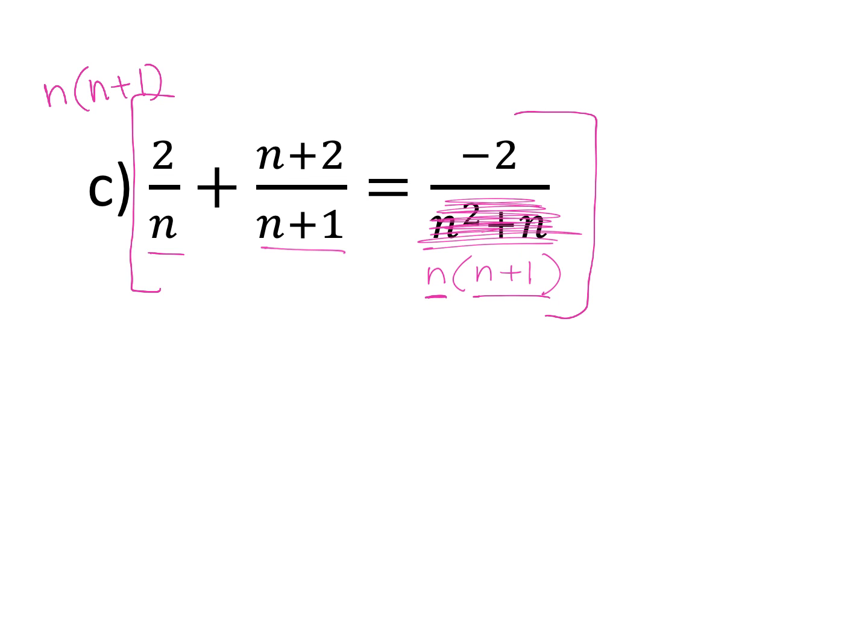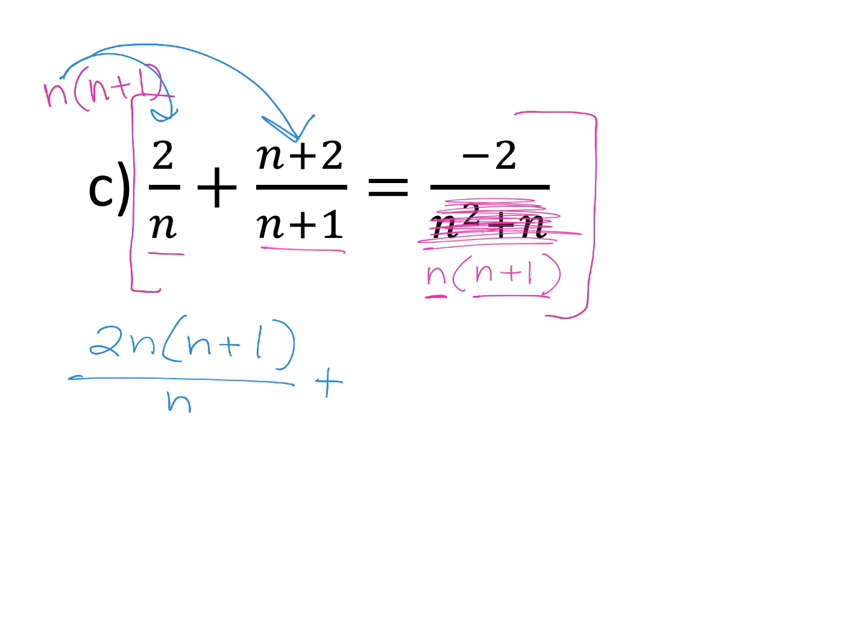If we lay this out, I multiply 2 times n plus 1 over n, plus, now I'm going to take that n times n plus 1 and multiply by n plus 2. But again, don't distribute it, okay?